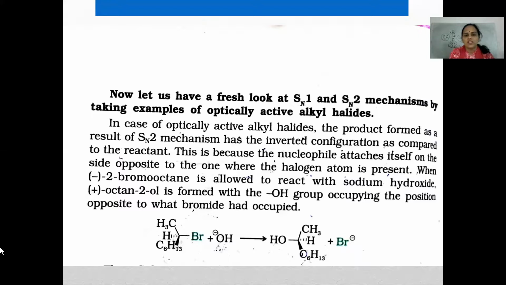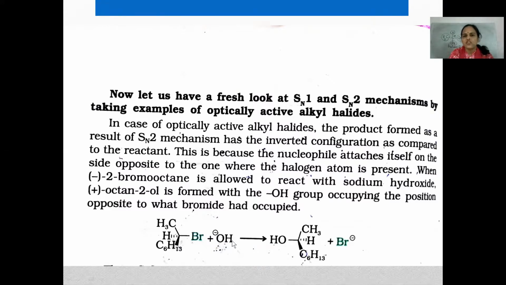Here an example is given. If I take an alkyl halide and treat it with OH minus, the SN2 mechanism gives inverted configuration compared to the reactant, because this nucleophile will attack this electron deficient carbocation, or carbonium ion, you can say.